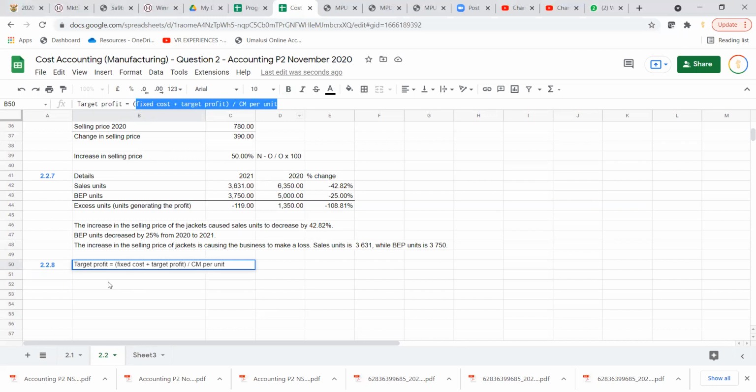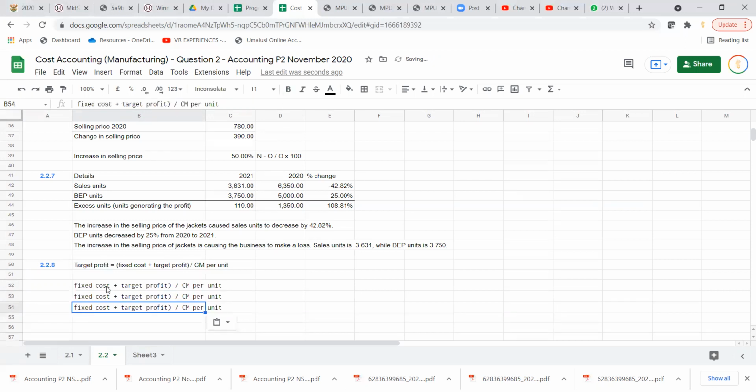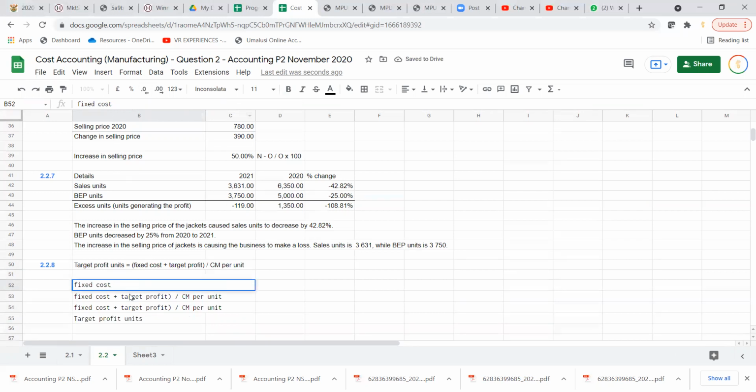So what we're going to need is fixed costs, target profit, and then contribution margin per unit.